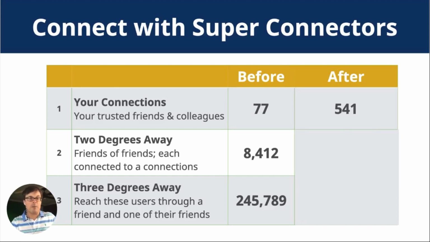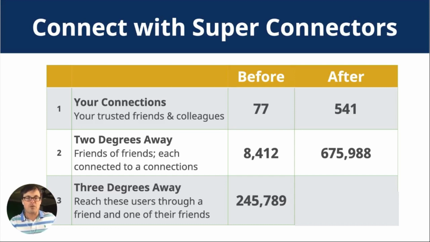But what about if you became a Super Connector? And Super Connectors are known for having 500 plus connections. Look at the amazing exponential difference going from 77 first level to 541 first level does to your 2nd degree and to your overall network. Now you're to 675,000. So we start going searching for those keywords.